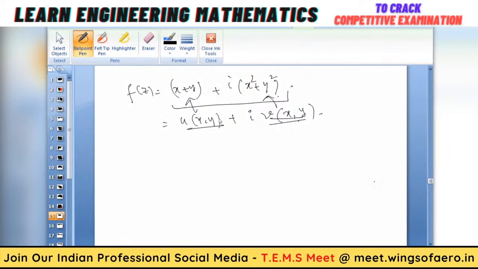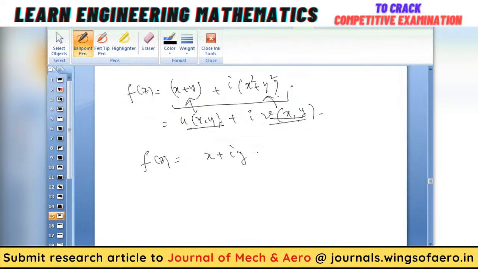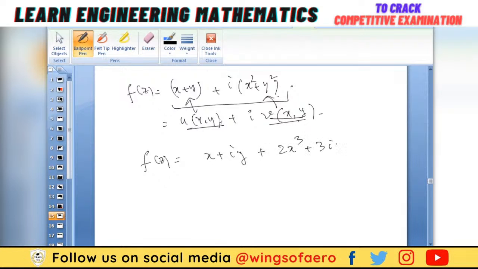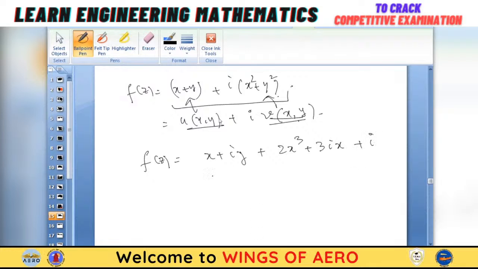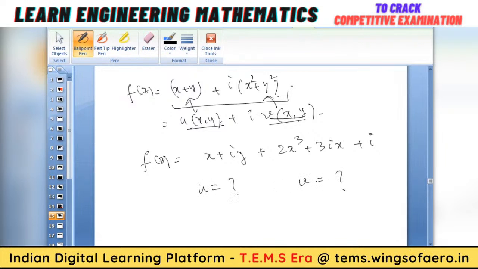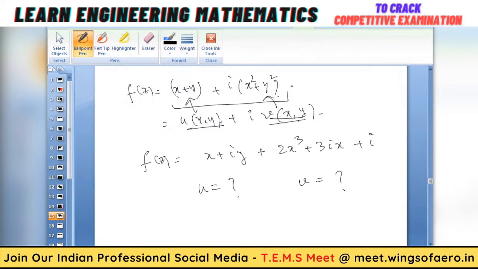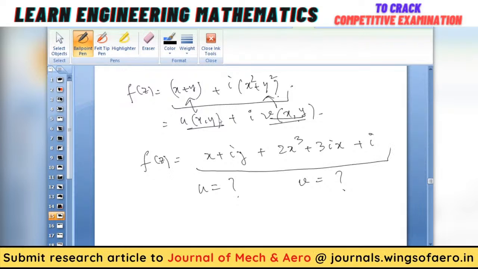Sometimes a mixed type of function can be given: x plus iy plus 2x cube plus 3ix plus i. Then can you tell me what is u and what is v? If the complex function f(z) is written like this, then what is u and what is v?